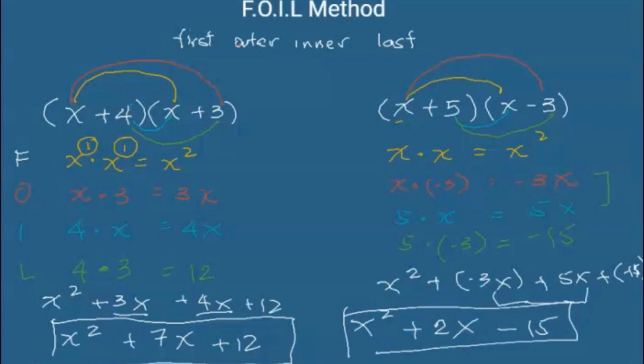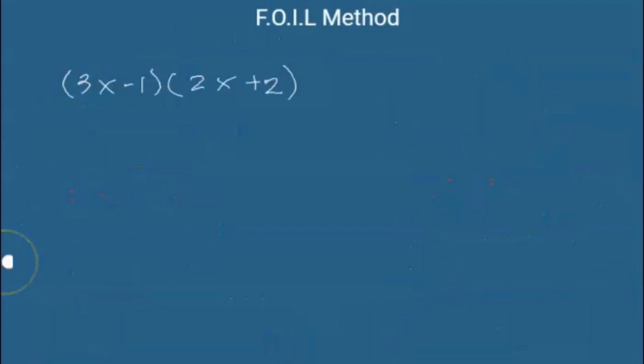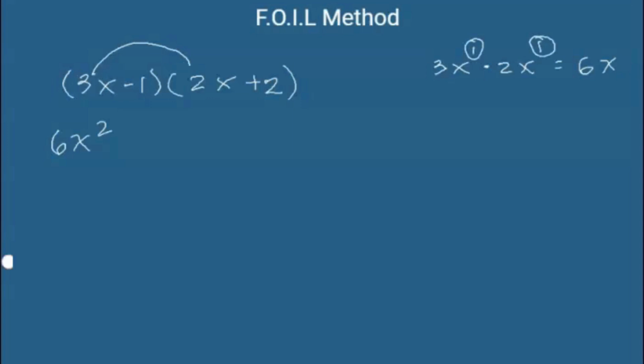Let's have another example: 3x minus 1 times 2x plus 2. The first terms, 3x times 2x: 3 times 2 is 6, and for the variable x, we add the exponents following the laws of exponents. So 6x squared.